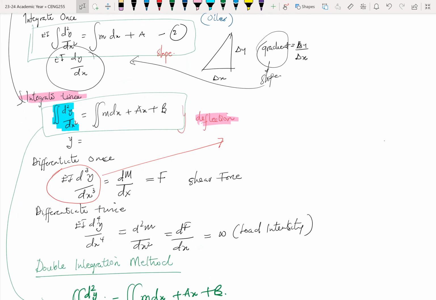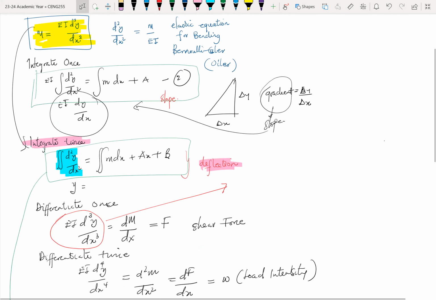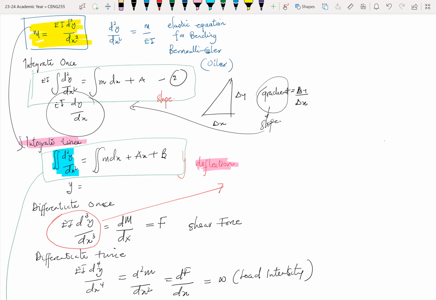The general term is EI d^2y/dx^2. Let's say all of this is k. If I differentiate k with respect to x, it becomes dk/dx.